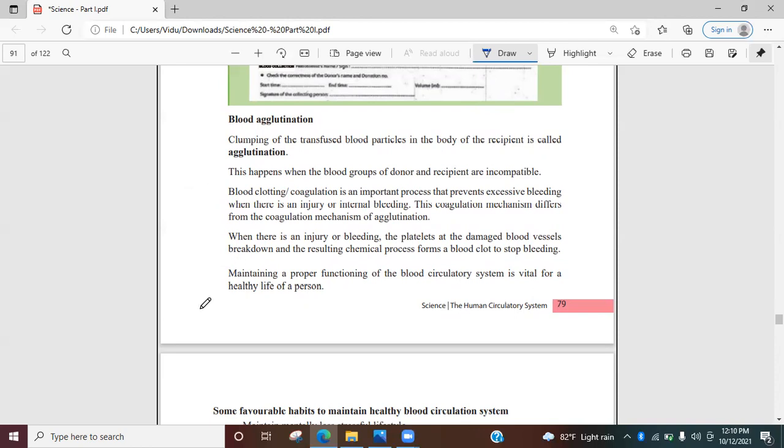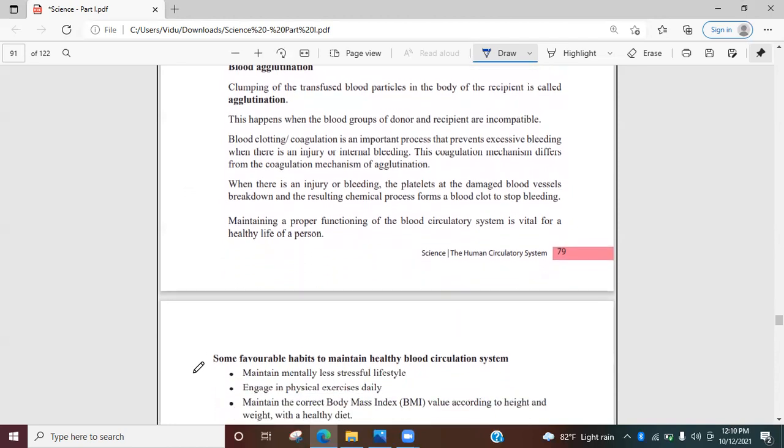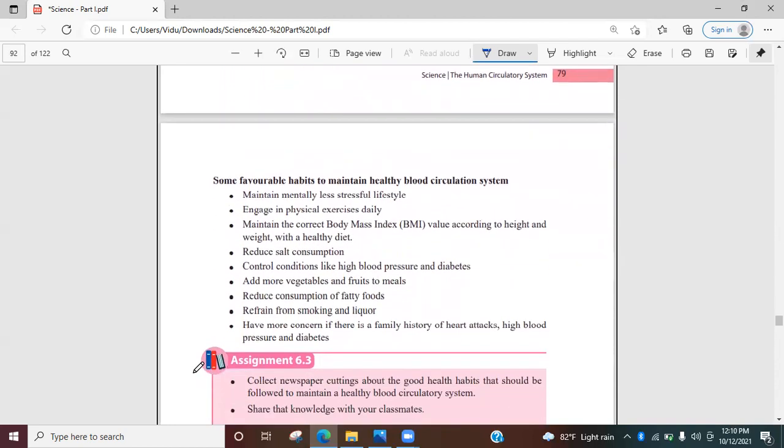Maintaining proper functioning of the blood circulatory system is vital for a healthy life. There are some favorable habits to maintain a healthy blood circulatory system. Maintain a mentally less stressful lifestyle. Engage in physical exercise daily.